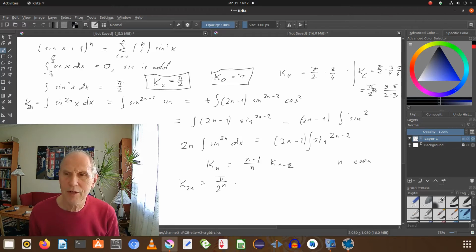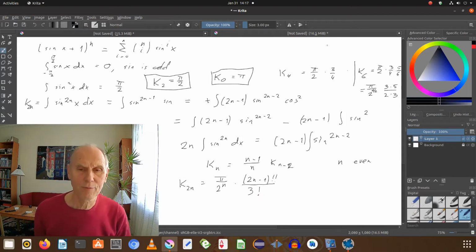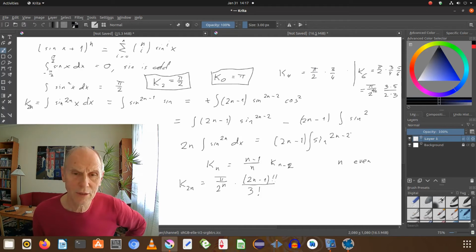And then n was 3 here, so it's 2n minus 1 divided by n factorial, the factorial of n.